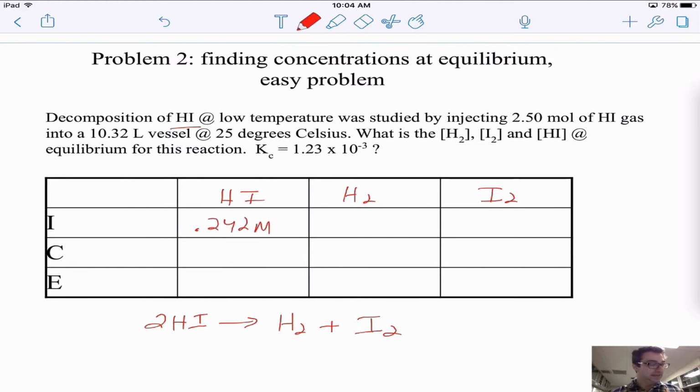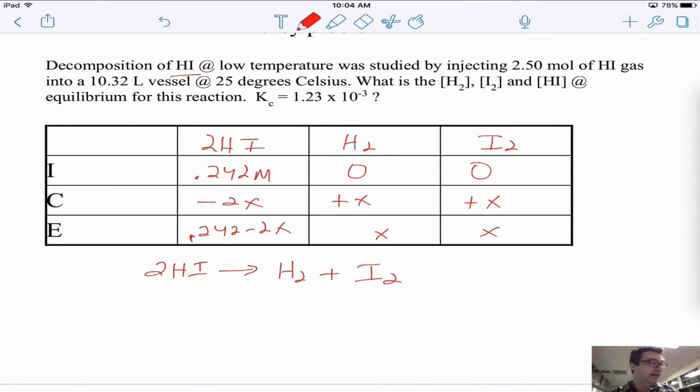And again, they say that it's into a vessel. They don't tell me anything about H2 and I2. I assume that they're 0 because they are. This is 2HI, so we're going to have minus 2x, plus x, plus x, and at equilibrium 0.242 minus 2x. I'm now going to write out my K expression, and they gave me Kc.